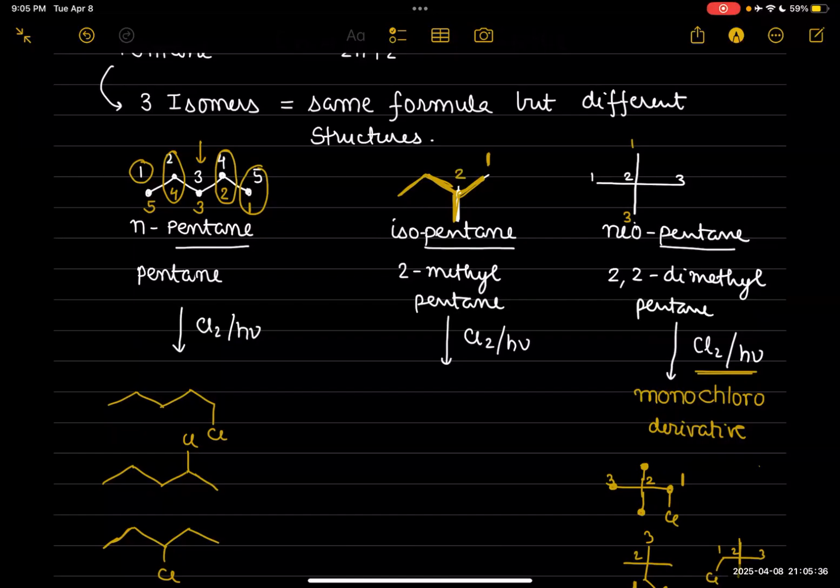1, 2, 3, 4. Or you can do it like this also, 1, 2. These both are one. They are both methyl connected to the same carbon. So it doesn't matter whether you start the numbering from this carbon or from this carbon. Got it?